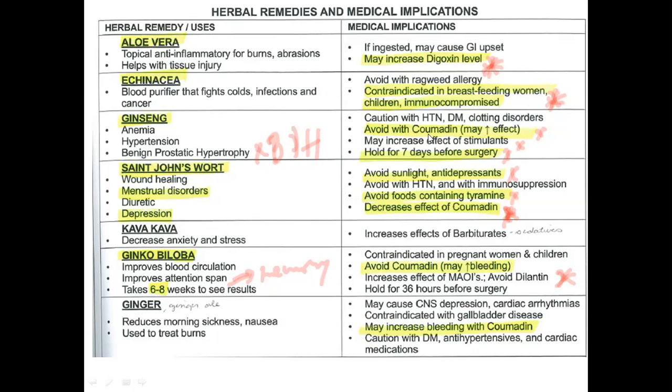So if your patient has to take a blood thinner, warfarin, heparin, or coumadin, do not give ginseng and blood thinner together. Why? Because ginseng increases the effectiveness of anticoagulant, so bleeding tendency increases. If your patient has an elective surgical operation, at least 7 days before, you have to hold the ginseng.